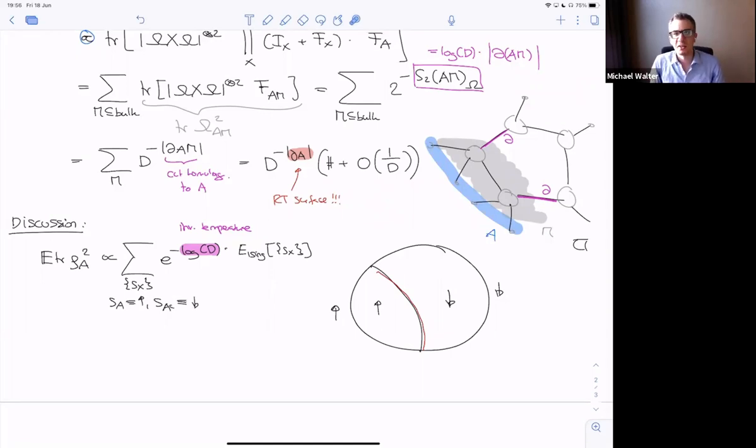And it's a very good way of thinking about it, because it leads very directly to generalizations, to say higher Renyi entropies and other kinds of expectation values. If instead of looking at some quadratic expression here, you looked at, say, an nth Renyi entropy, well, what would happen? It turns out that in the replica trick, in that case, instead of swapping, you have a cyclic permutation.